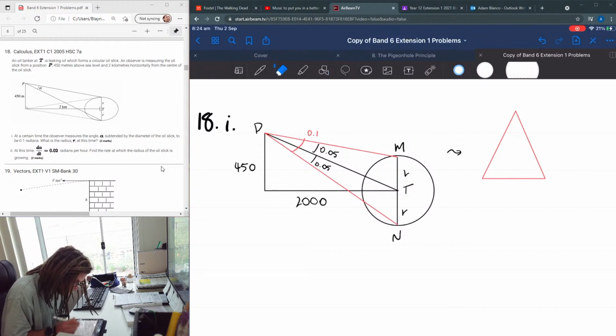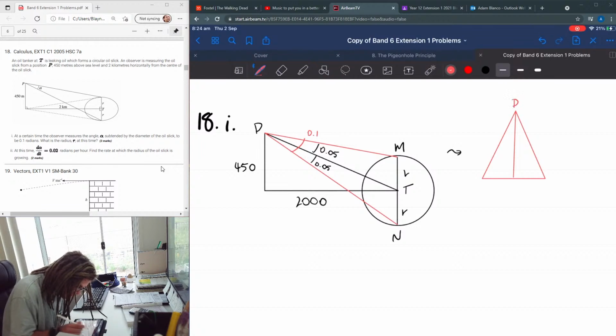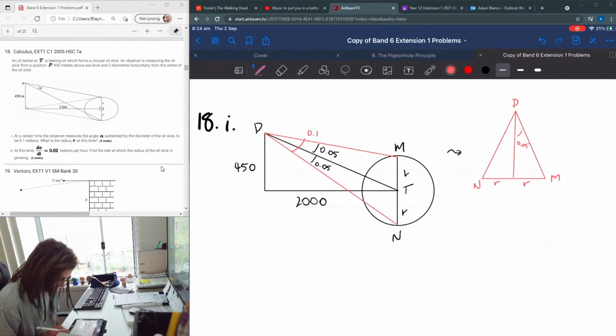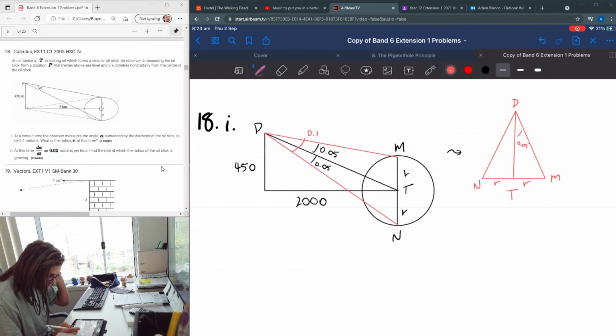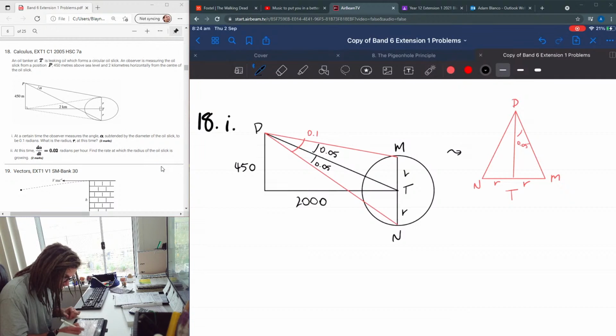Okay. Is isosceles, so that's P, M, N, that's R, that there is 0.05, you see that? That's T. If I wanted to find what R was, I've almost got enough information, I just need to know what PT is.